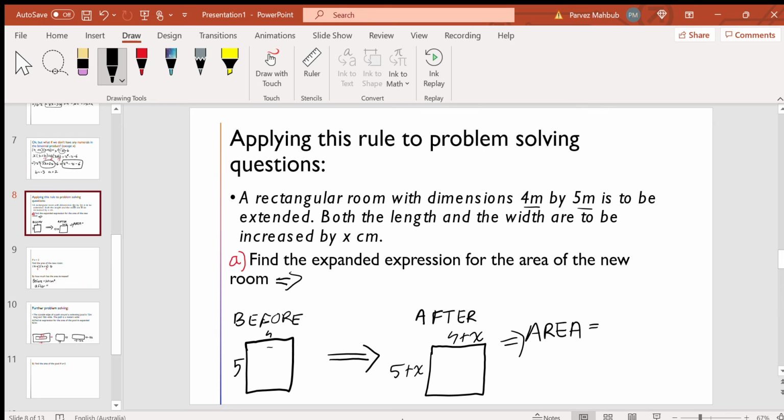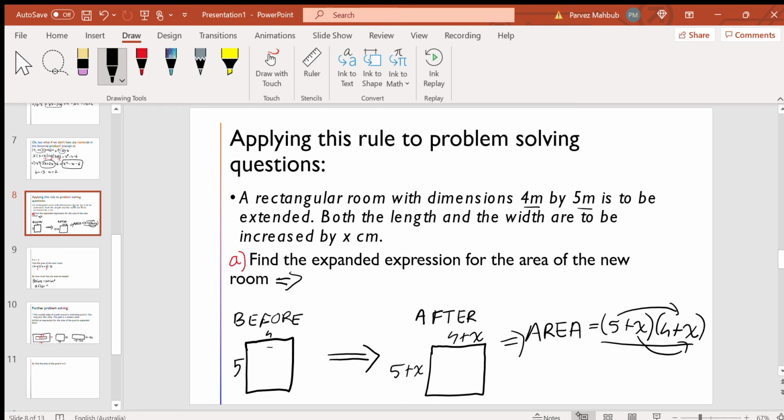So it becomes 5 plus x times 4 plus x. This is a binomial product, so we can expand it. We multiply this by this and this by this.